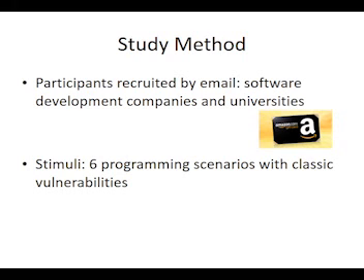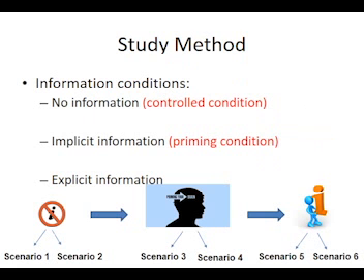Our stimuli were, like I said before, 6 programming scenarios, snippets of code that exercise a certain vulnerability. In our study method, and also in these 6 scenarios, we had 3 information conditions. We presented the scenarios to developers in this order.